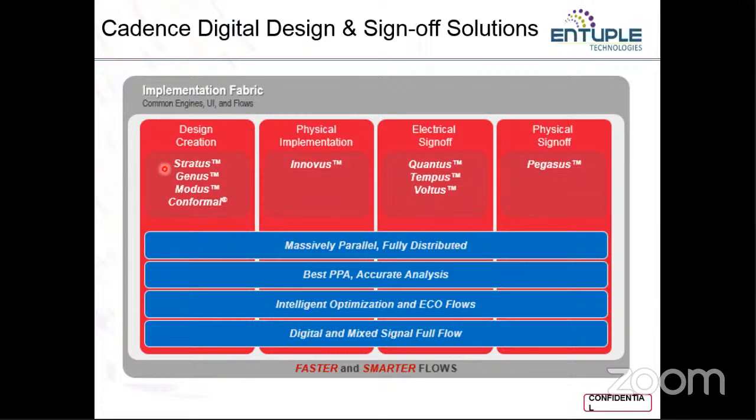Followed by that, you'll be moving into the timing, area, and power analysis for your circuit. That will be taken care of by a tool called Tempus, which is for timing sign off, and Voltus for power sign off. Once these are done, you will be moving into design for testability, which you call DFT. Modus will help you in those aspects.